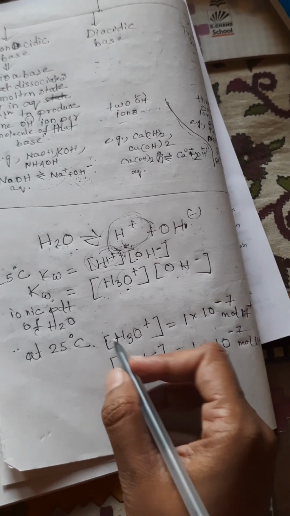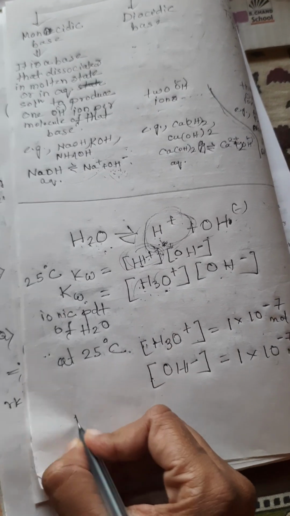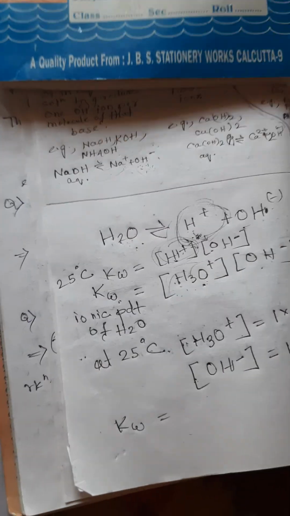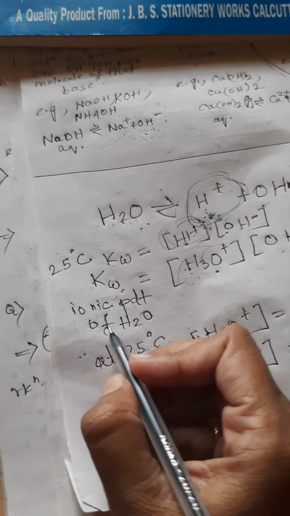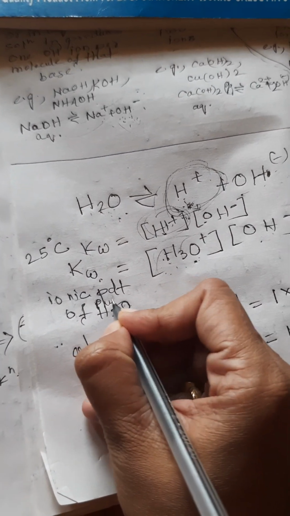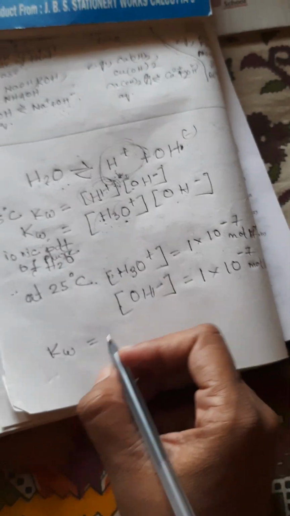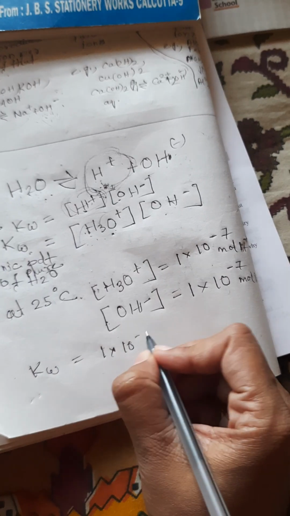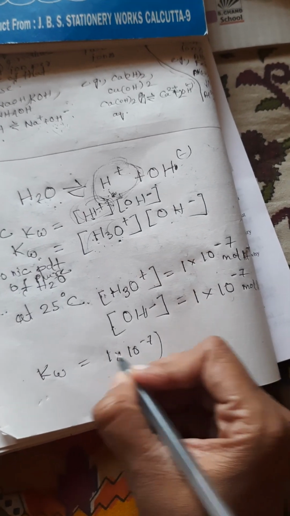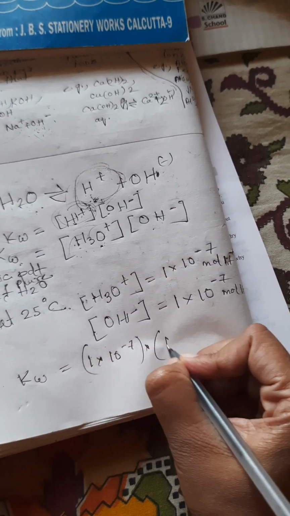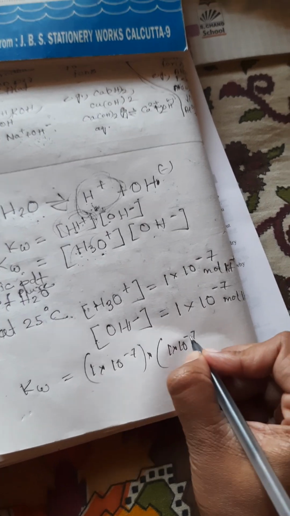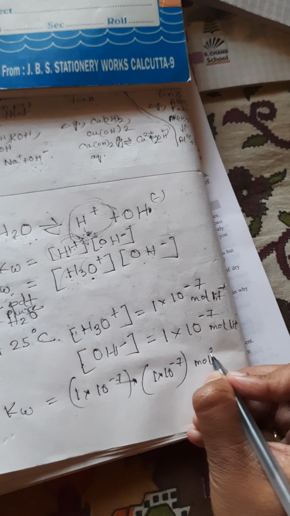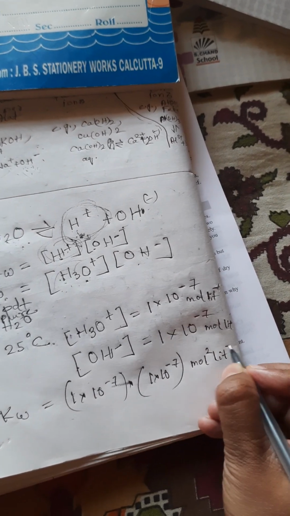Now we put these values in this equation. How will we find out the value of Kw, the ionic product of pure water? Kw will be 1 into 10 to the power minus 7 into 1 into 10 to the power minus 7, and the unit will be mole square liter to the power minus 2.